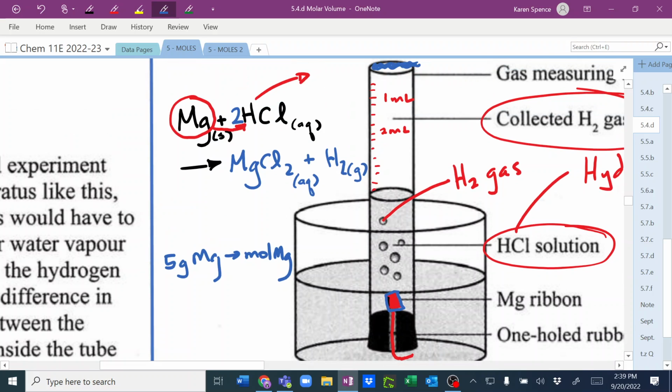For every 1 mole of magnesium that reacts, how many moles of hydrogen do you get? 1. Because it's a 1-to-1 ratio. 1 magnesium makes 1 H2. Don't worry about it if you're kind of like, huh? Because that's 3 units from now. But that is how they would figure out then the moles of hydrogen. They're not just magically counting the atoms. Okay?